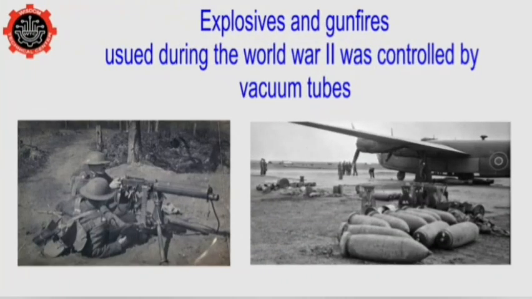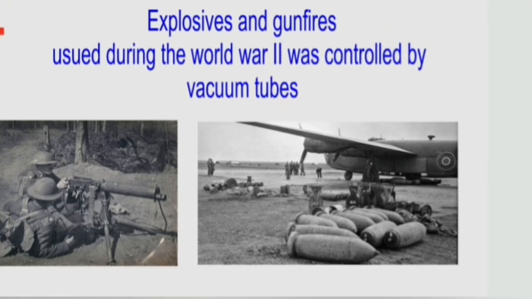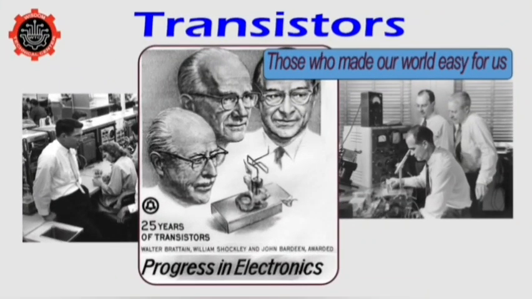During the Second World War, these vacuum tubes did not react well to explosions and gunfire. Now, at the end of the war, some great scientists came up with a method of controlling current in a solid state. By doing so, they really began their research in the study of materials.